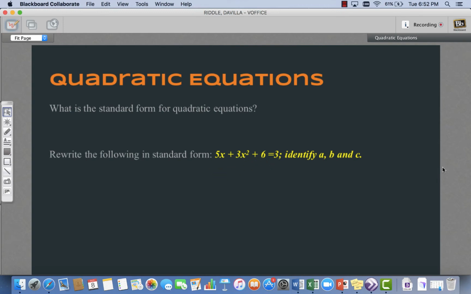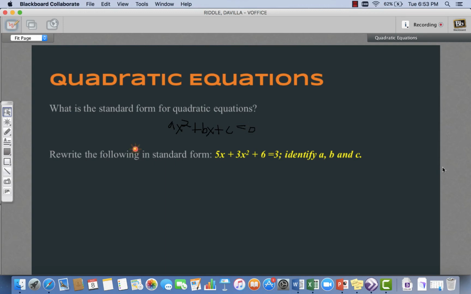The standard form often goes with ax squared plus bx plus c here. And then often we would have it equal 0 right there. So this would be the standard form for quadratic equations. When we write it in the standard form, typically we want one side equaling 0 in the end here.